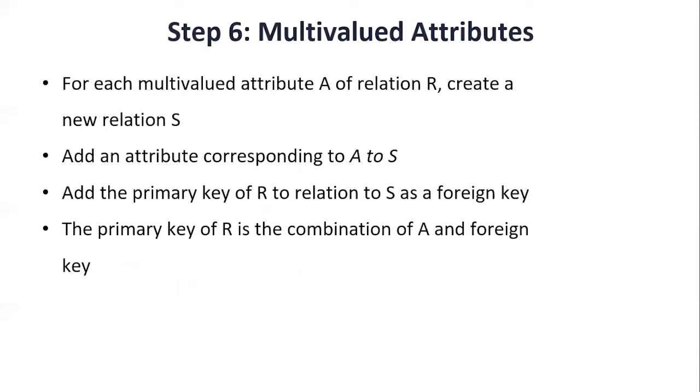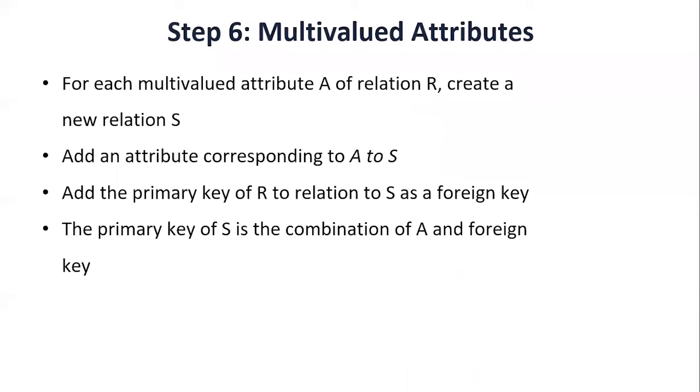And the sixth step is about multivalued attributes. In our first step, we didn't talk about multivalued attributes. We only included simple attributes and composite attributes, and we skipped multivalued attributes.